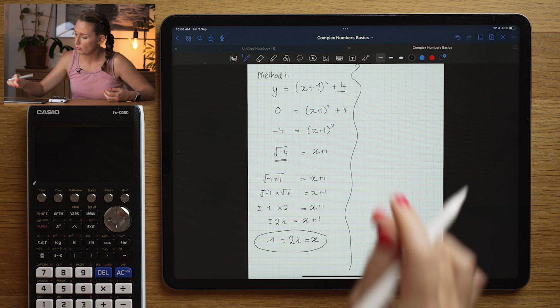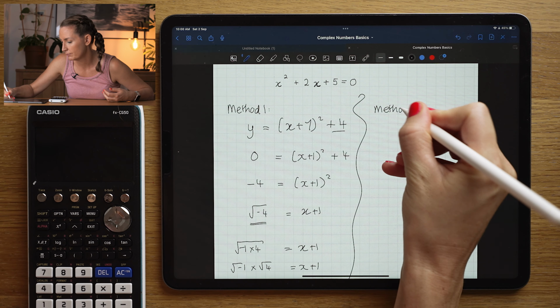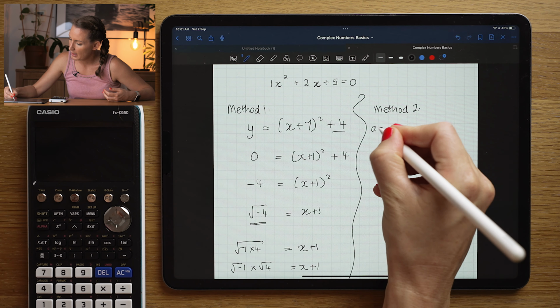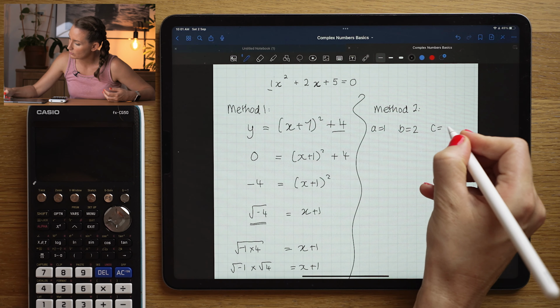We can do method 2 over here, which is where we use the quadratic formula. Okay, so I'm going to write down my a, b, c. a is equal to 1, or 1x squared, b is equal to 2, c is equal to 5.